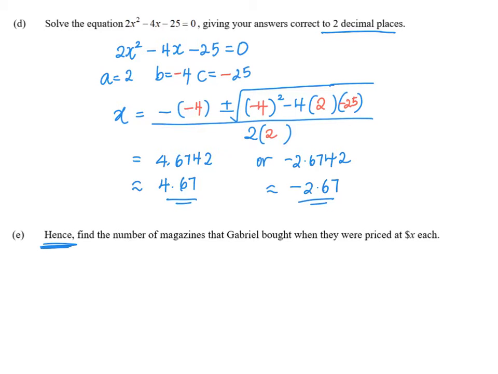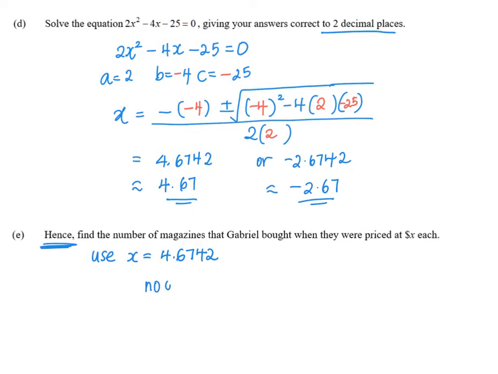So can price be negative? No, so we are going to use x to be 4.6742. Remember we're going to use 5 significant figures? Okay, to find the number of magazines that Gabriel could have bought when they were priced at X dollars each.